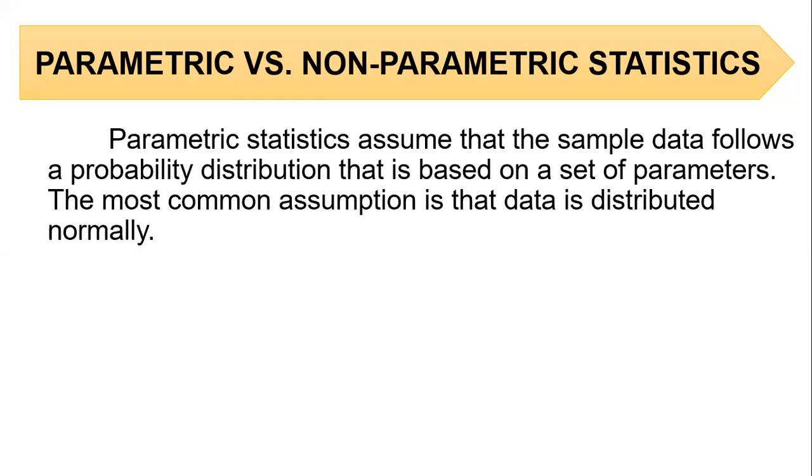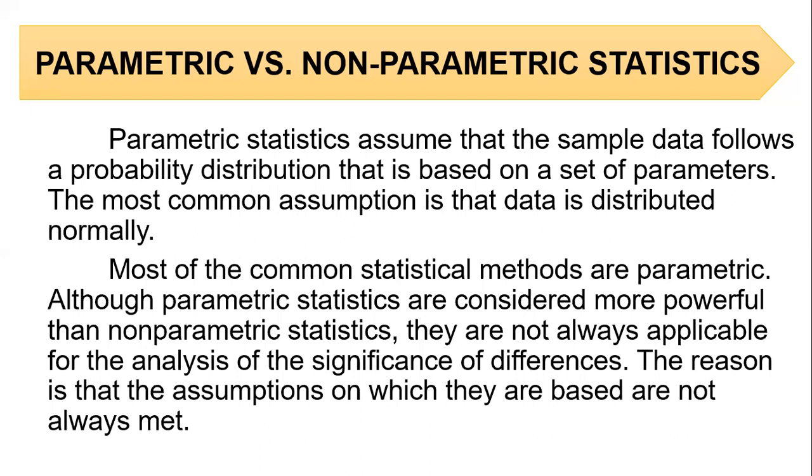Parametric statistics assume that the sample data follows a probability distribution that is based on a set of parameters. The most common assumption here is that the data is distributed normally or it follows the normal distribution curve, which I gave you earlier. Most of the common statistical methods are parametric. Although parametric statistics are considered more powerful than non-parametric statistics in terms of generalizability, they are not always applicable for the analysis of the significance of differences.